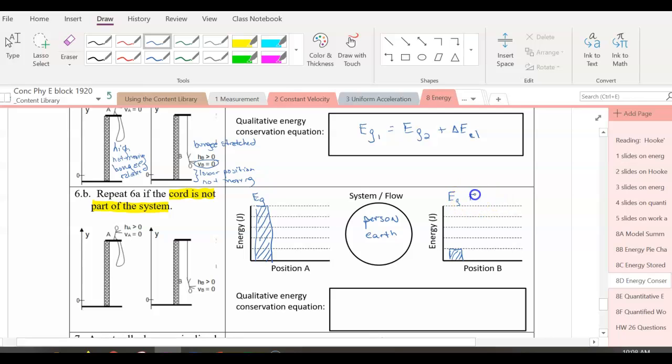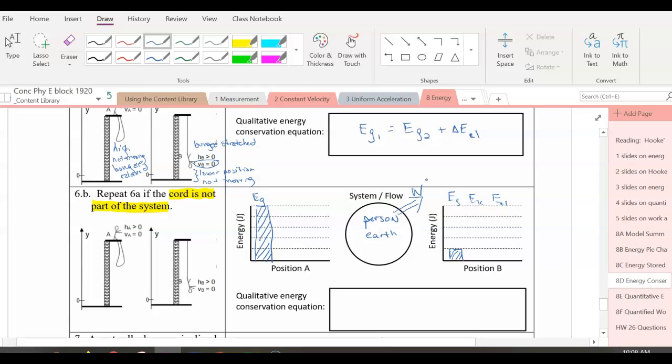Now there's nothing to store elastic potential energy. This system can't store elastic potential energy. The person and the earth, they're not elastic. You can't bend them and have them pop back to the original position. So where did the energy go? It has left the system that we have as work that transferred energy out of the system.